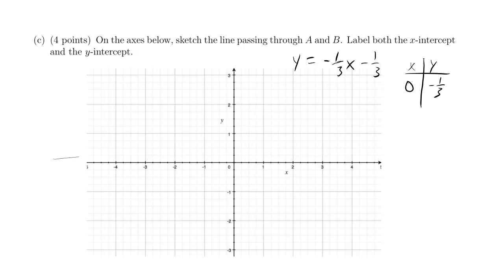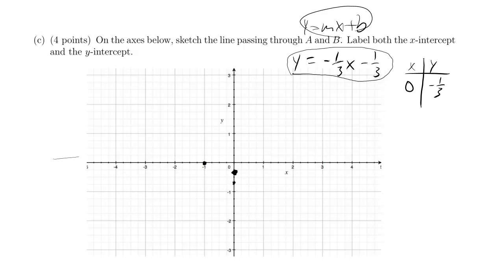But that's just time consuming, and since we already know that this is going to be a line, y equals mx plus b will always give you a line. And if you do know that, you just need 2 points. In our case, we already know the x-intercept is -1, 0, and the y-intercept is somewhere here.